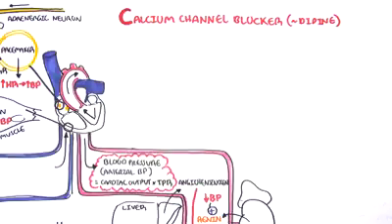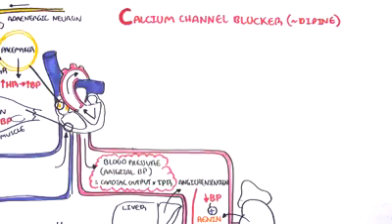Anyway, in order to understand calcium channel blockers, we need to understand calcium and its role in the body. When you think of calcium, think of muscle contraction. Think of excitability. Calcium channels are important channels in our body that allow the movement of calcium in and out of cells or cellular organelles.